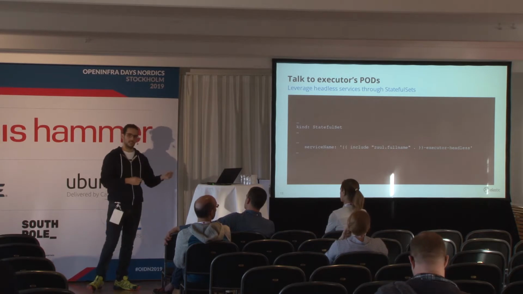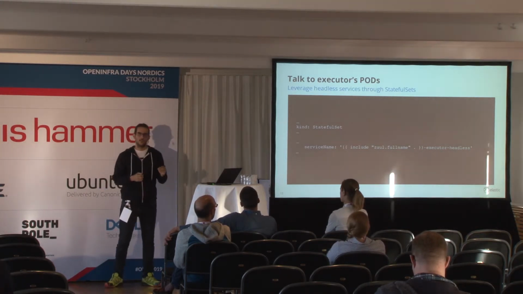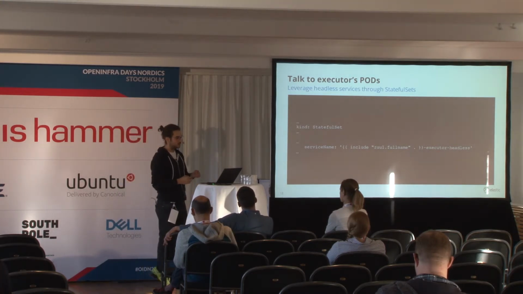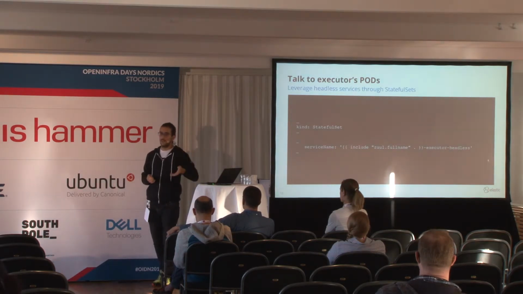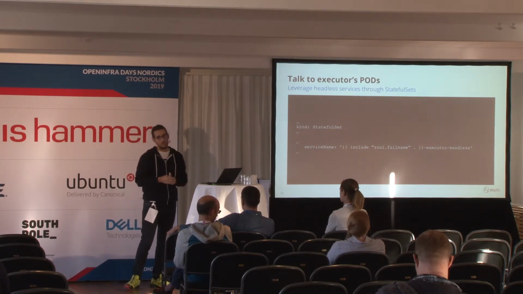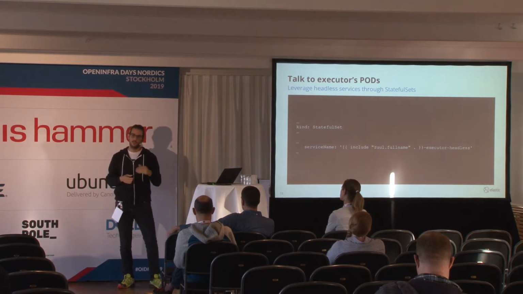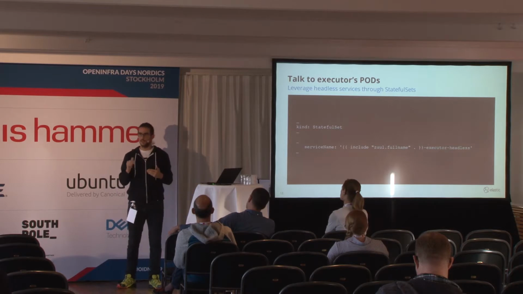This headless service is created automatically for every stateful set if you have the right configs there. One of the right configs that you have to have is the service name. If you don't set the service name, the headless service is not going to be created. So what we basically do is we added the service name to our stateful set, so that for every pod we can reach the pod using the pod name plus the service name.